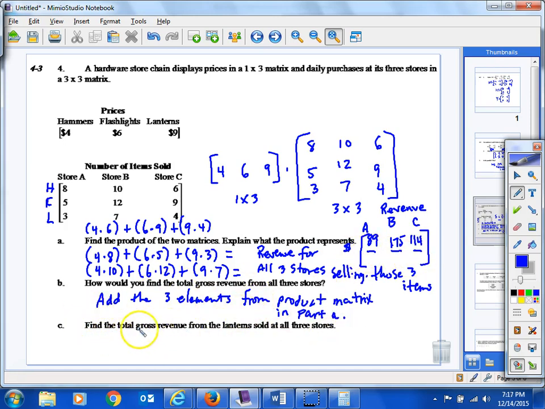And then finally, find the total gross revenue from just the lanterns sold at all three stores.